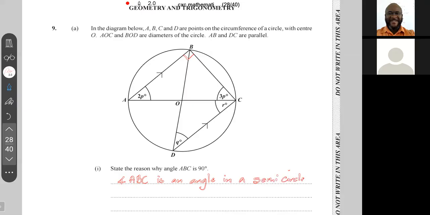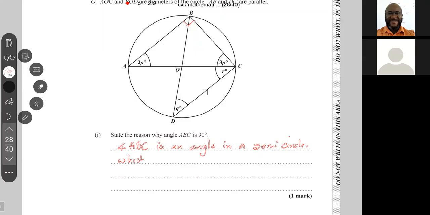Now, the angle in a semicircle measures 90 degrees. So ABC is an angle in a semicircle. You can put a full stop, and then you can say an angle in a semicircle measures 90 degrees.